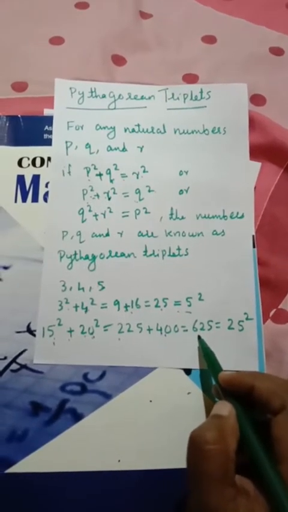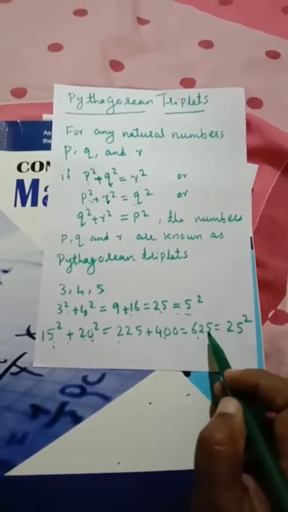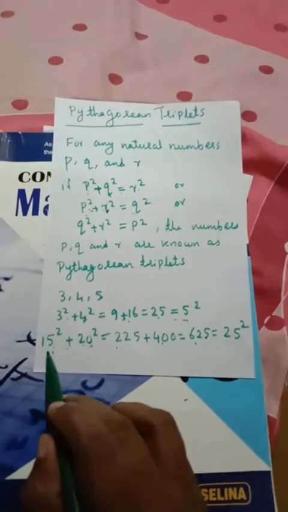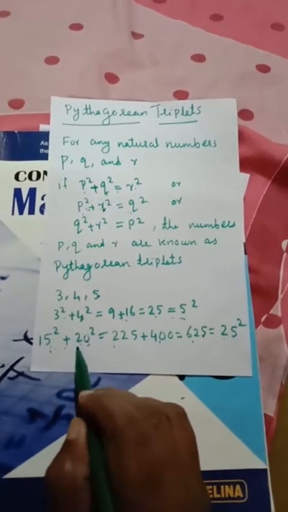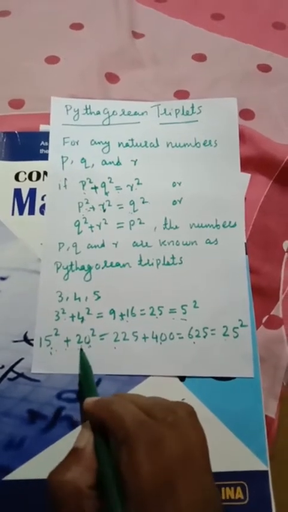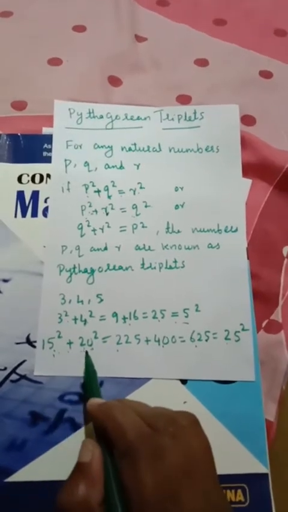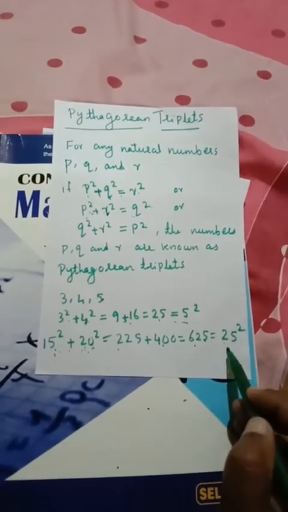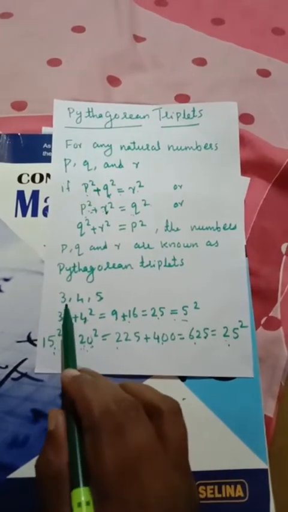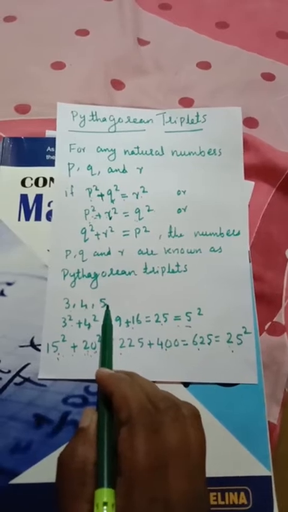Now 625 is which number's square? Yes, 25 square is 625. So we can write 15 square plus 20 square is 25 square. So 15, 20 and 25 are known as Pythagorean triplets. In the same way, 3, 4 and 5 are known as a Pythagorean triplet.